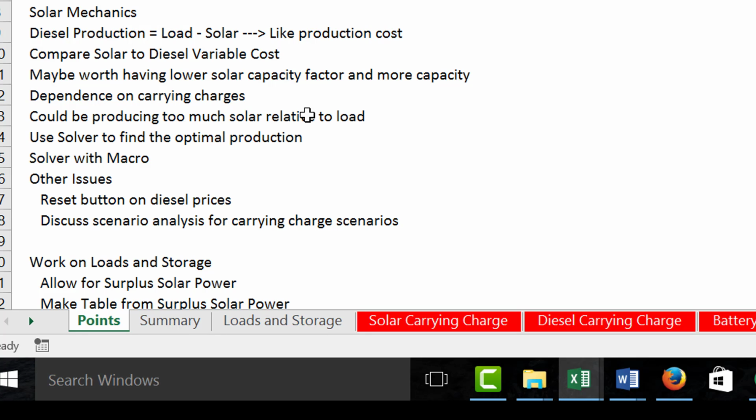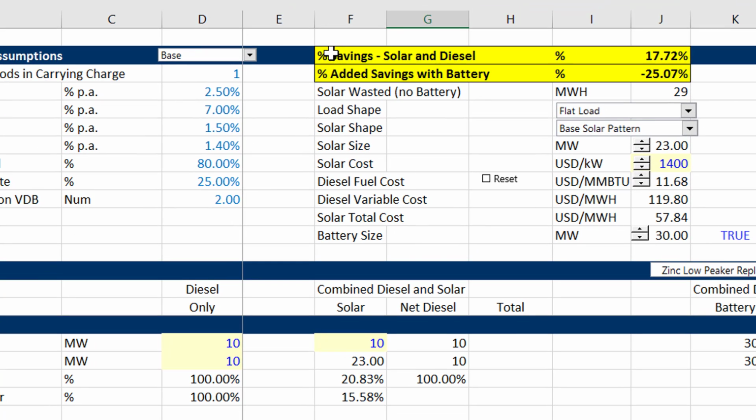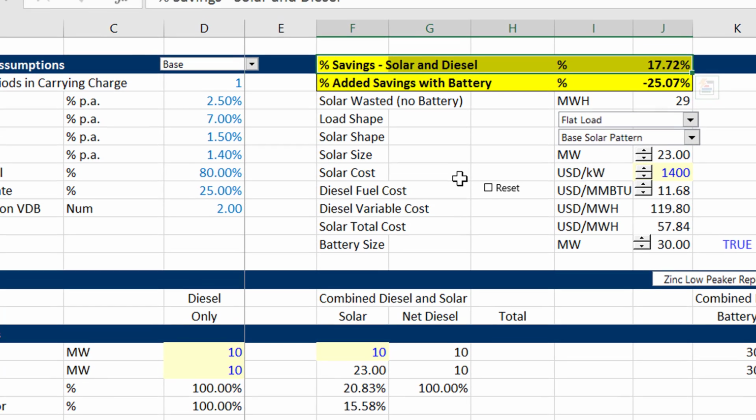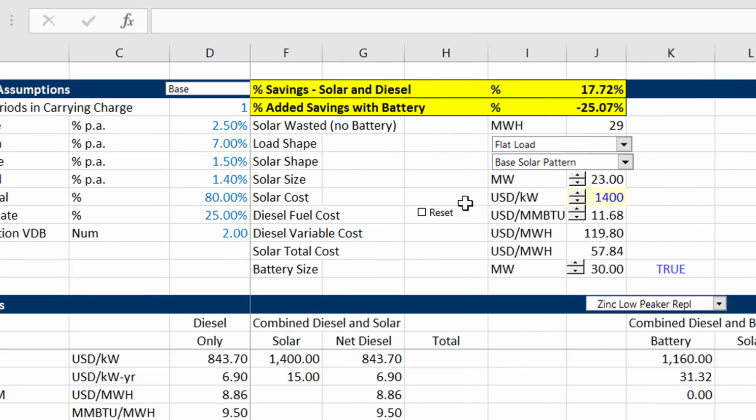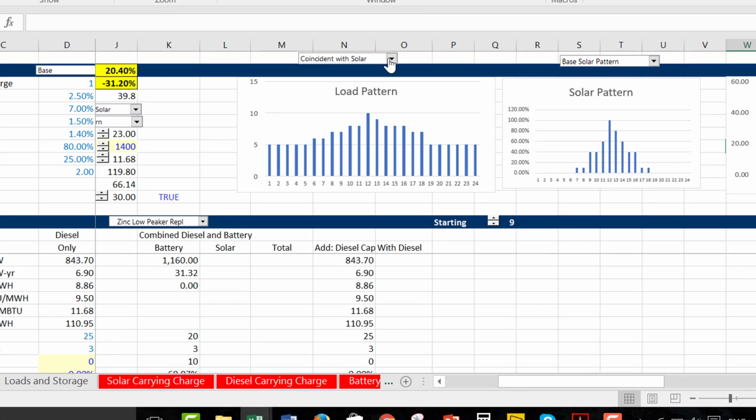Now, I want to show you that when we look at this one, and please, this time, just look at this top one. Just concentrate on this one. One of the things that drives the value of solar power is how your load compares to the pattern of solar power you get.